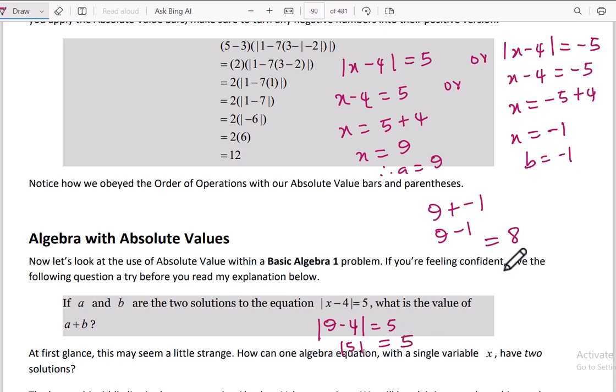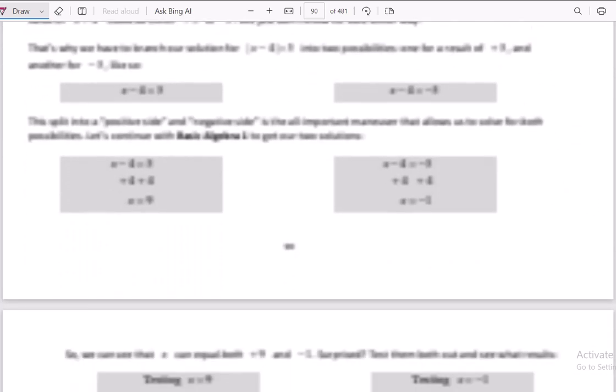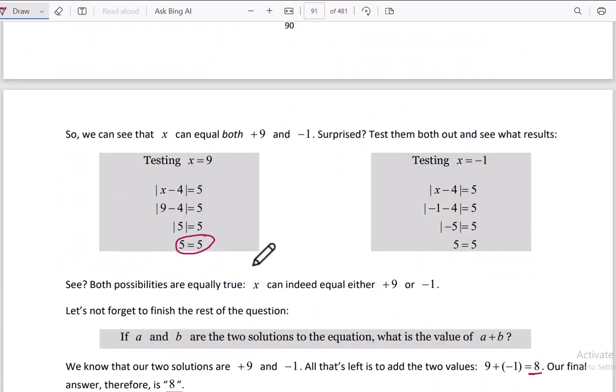Then when you have -1 as x in the absolute value function, -1 minus 4 is going to give you -5, right? And you know that from the absolute value function, you can't have a negative. So it's giving you +5 again. So we are correct. This is what they explained at this point where they say check. So this is the explanation here. We're talking about check. Let's continue.